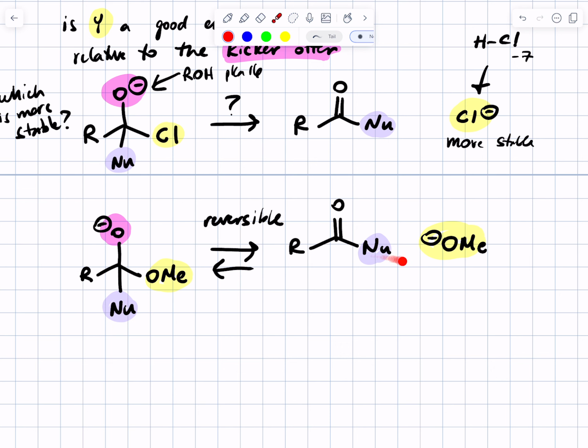We're going to see reactions that are reversible like this all the time, and knowing whether a reaction's reversible or not is simply an issue of comparing the stability of the leaving group once it's left versus the stability of the intermediate that does the kicking off. Okay? That's sort of following along?